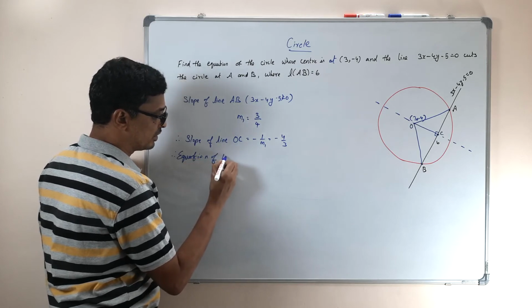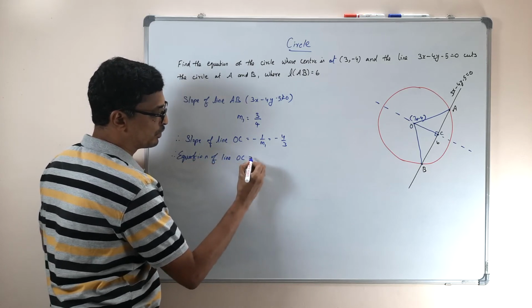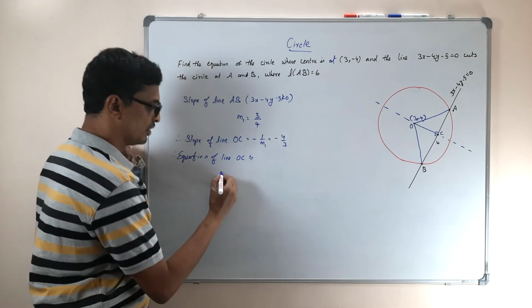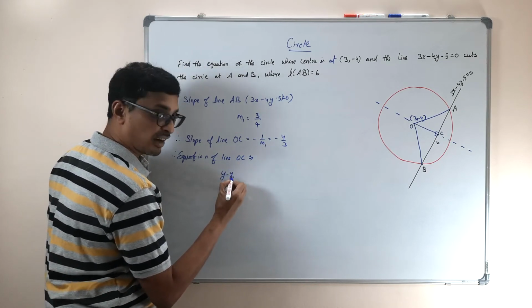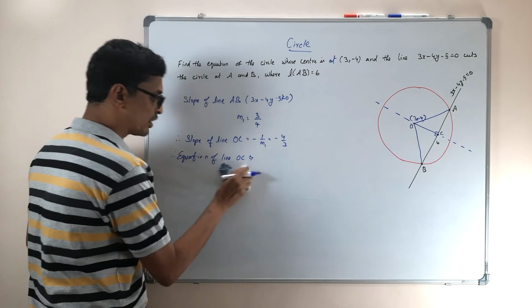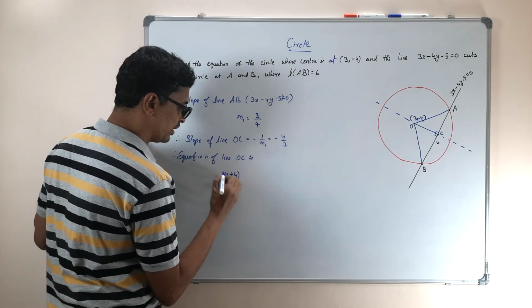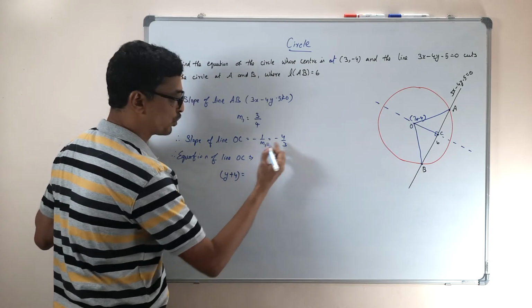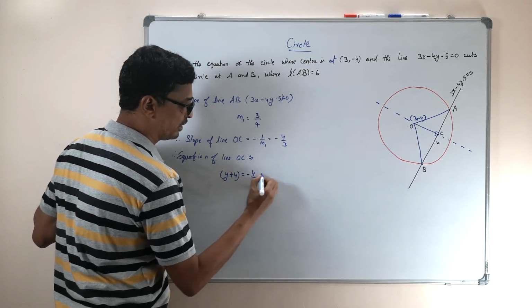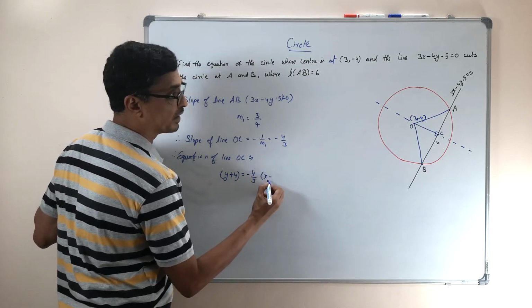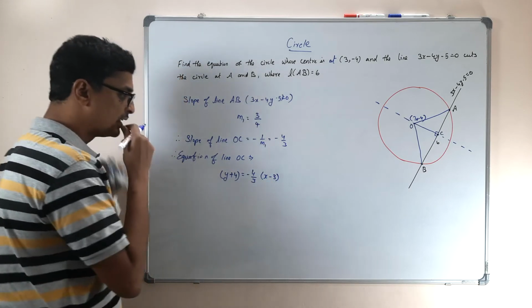of line OC will be equal to, tell me what? y minus y1, right? y1 is from the center. Tell me what is that? y plus 4 equal to slope into x minus x1, the slope is minus 4 by 3 into x minus 3. Correct?